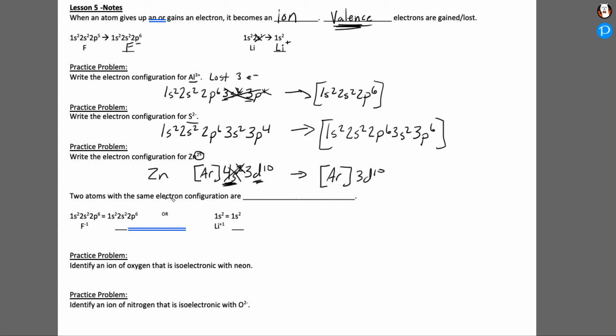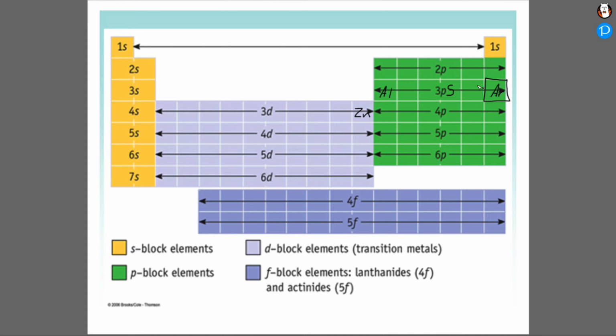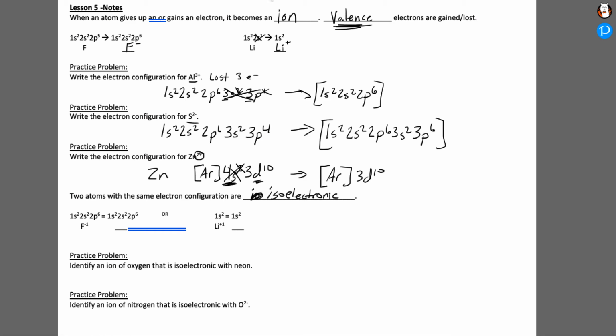So 2 atoms with the same electron configuration, we would refer to that as isoelectronic. So if I look at this, I've got 1s2, 2s2, 2p6. We already said up here that's the same as which noble gas was it? For fluorine.